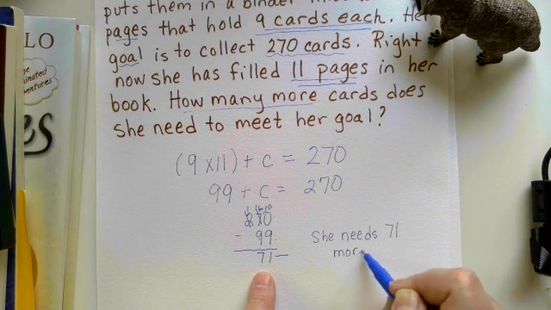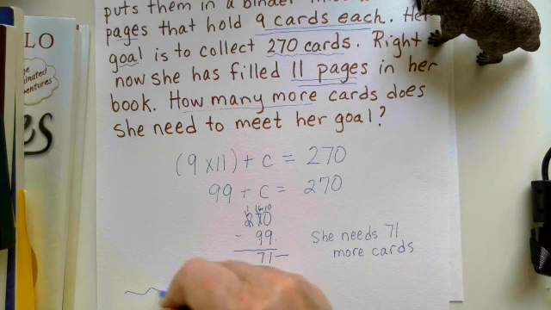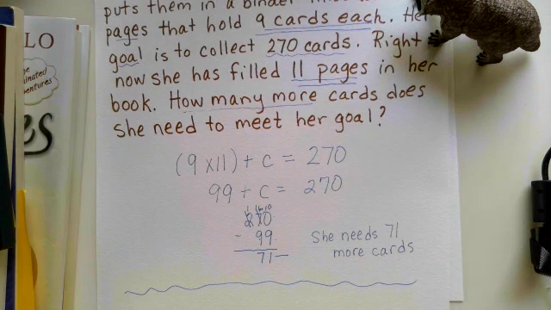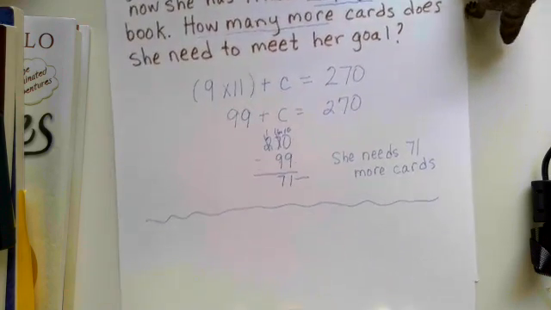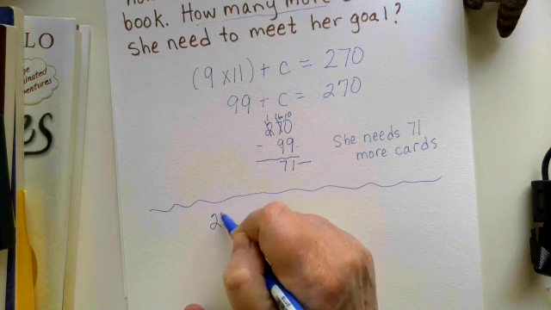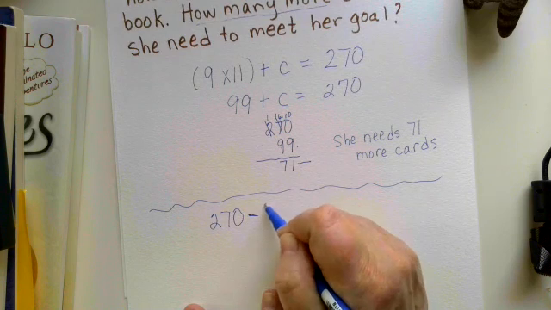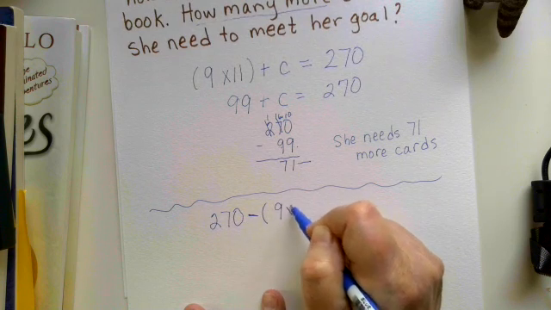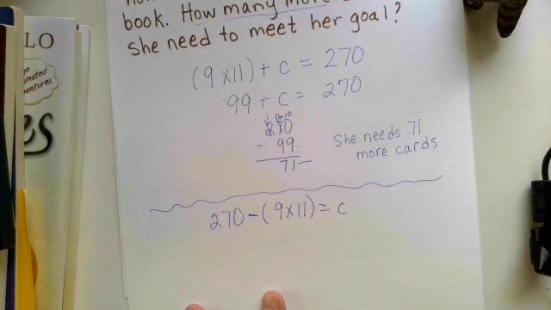Now let's try a different equation and see if it comes out how we want it to be. Now let's say we started this way. She wants 270 and we want to take away what she already has and see how much more she needs.